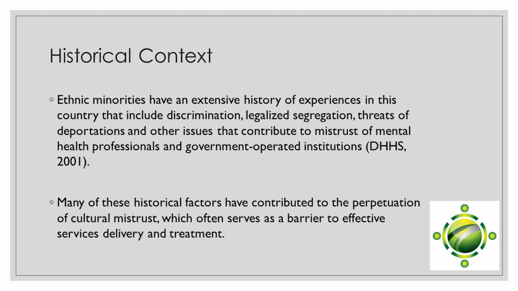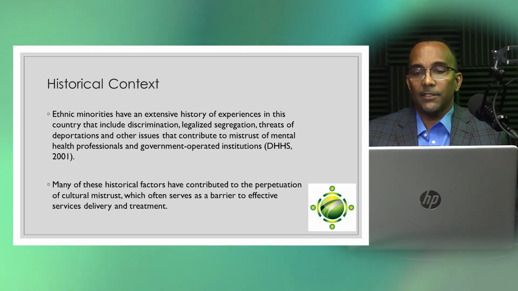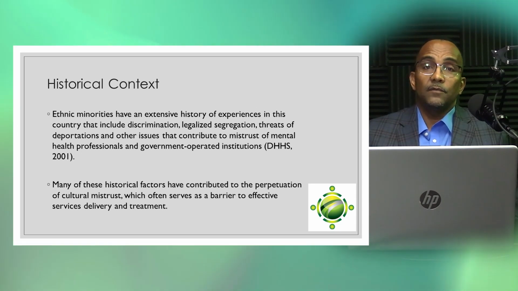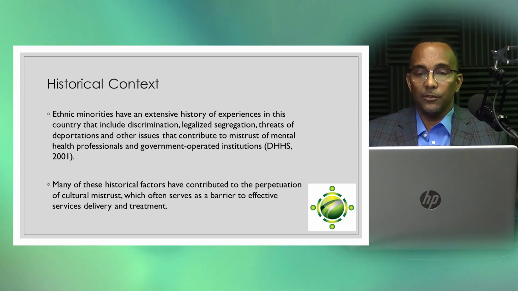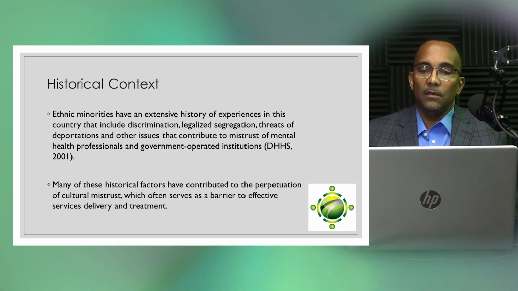Ethnic minorities have an extensive history of experiences in this country that include discrimination, legalized segregation, threats of deportations, and other issues that contribute to mistrust of mental health professionals and government-operated institutions.